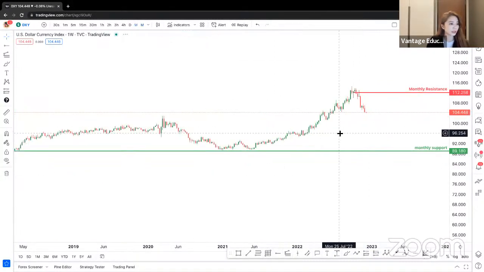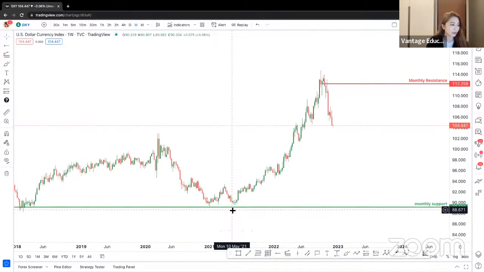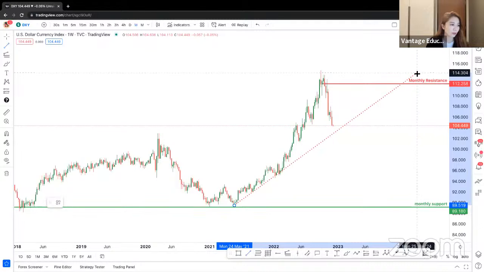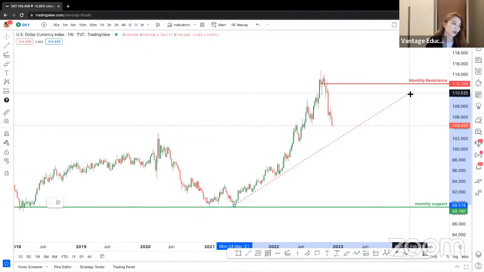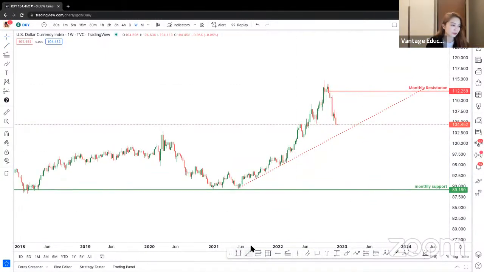Okay, let's look at weekly. So weekly, previously, from May of last year, we are looking at a pretty strong upward moving trend. So let's give a rough upward moving line.